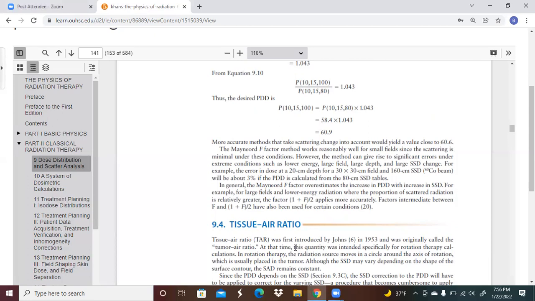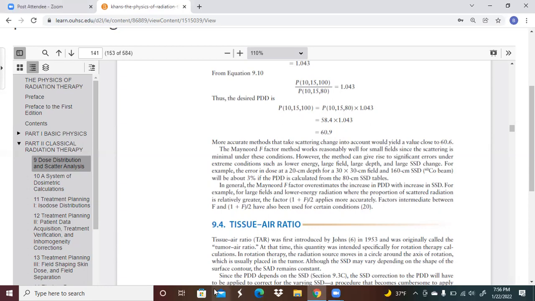So if you go to a 20 cm depth for a 30 by 30 field at 160 SSD, I don't know of anybody that's ever capable of using that, but if you did, you're going to be looking at an error of about 3% if the PDD is calculated from 80 cm SSD tables. So in general, that factor is going to overestimate the increase in PDD with increase in SSD.